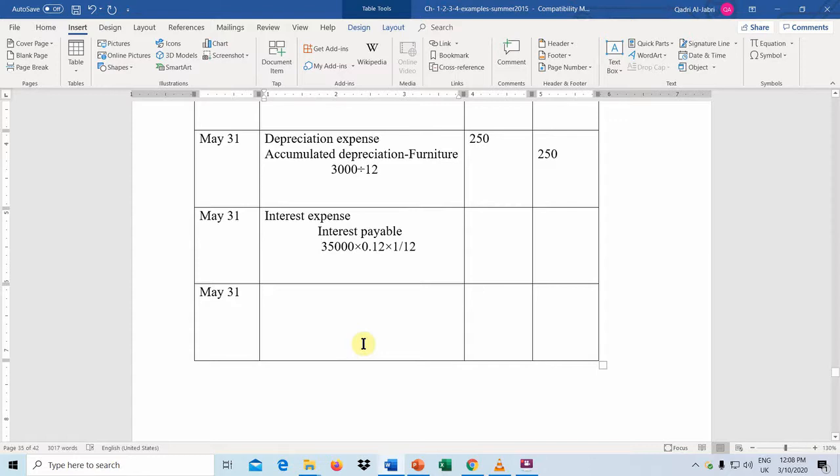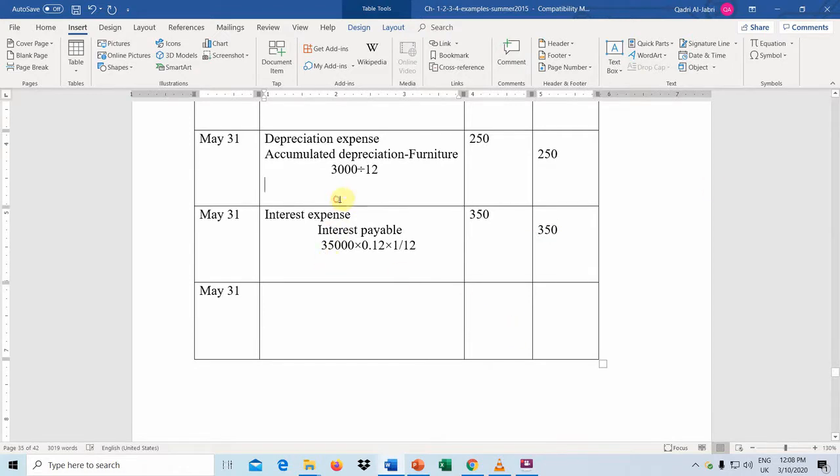So I'll say that we have 35,000 times 0.12, and this is multiplied by 1 divided by 12. So we'll get an interest of 350, and for the second one it will be a credit for 350. So this is the adjusting entry for the interest.